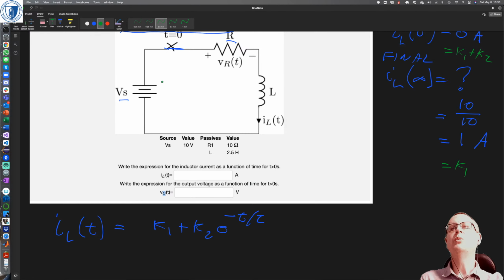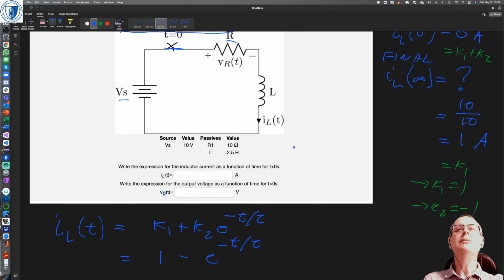So that means we know that K1 is 1, and that means we know that K2 is minus 1. So we can plug those in, so that's going to be 1 minus e to the minus t on tau. Now we've got to figure out what tau is, and remember tau for this sort of circuit is L on R.